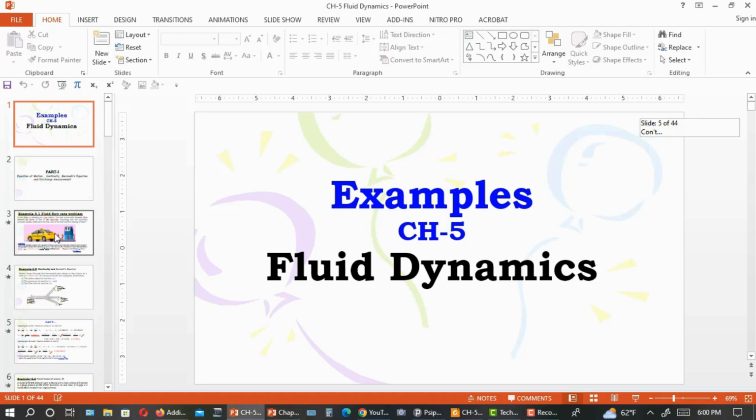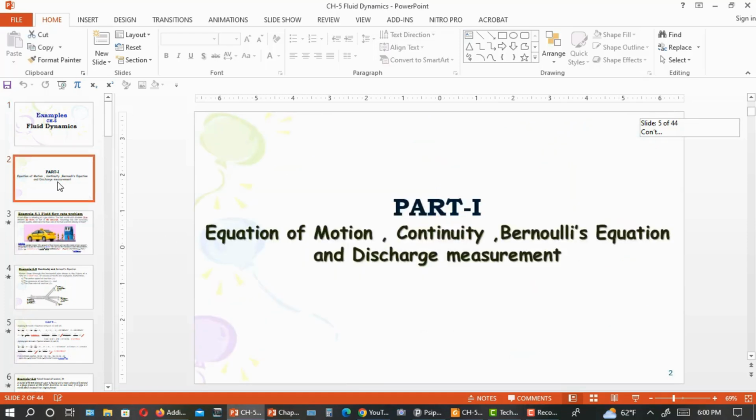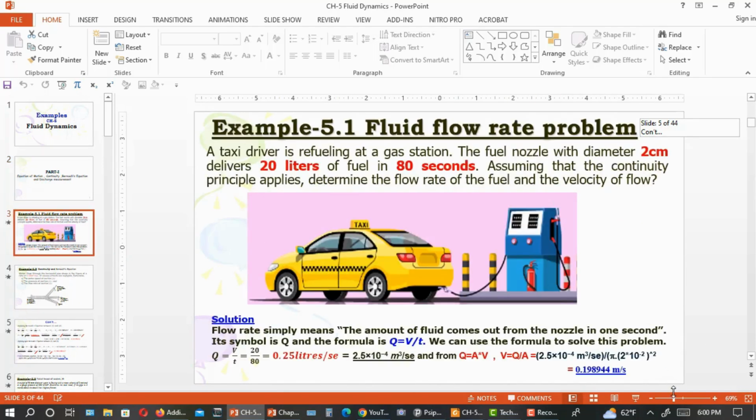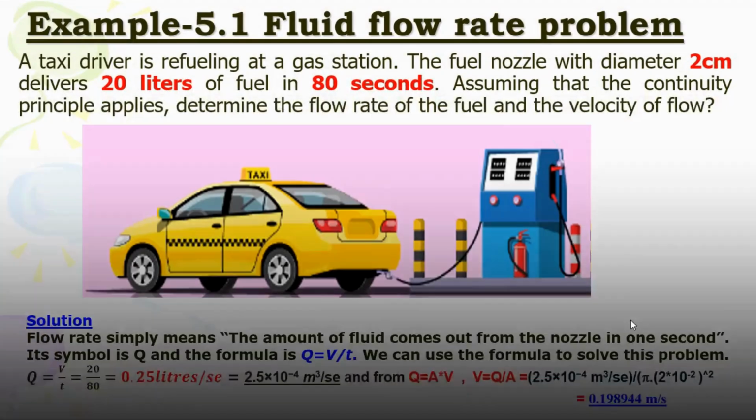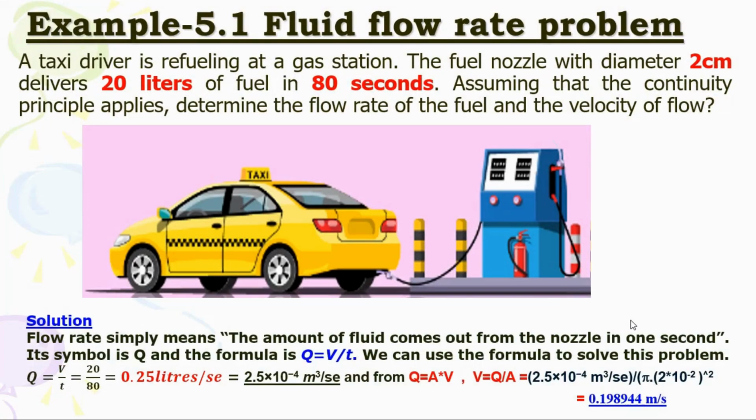So let us start with part 1: equation of motion, continuity, Bernoulli's equation, and discharge measurement. We have this first example problem, a fluid flow rate problem. If you have a taxi, then you need to fill some gasoline just to run the engine.